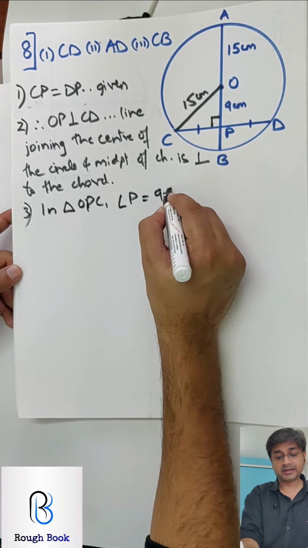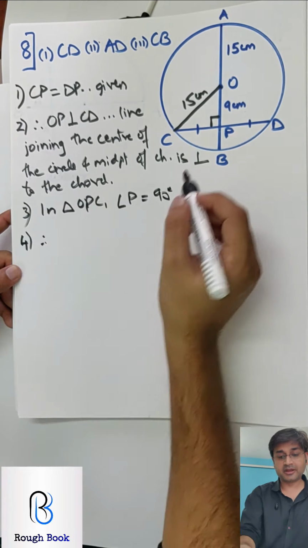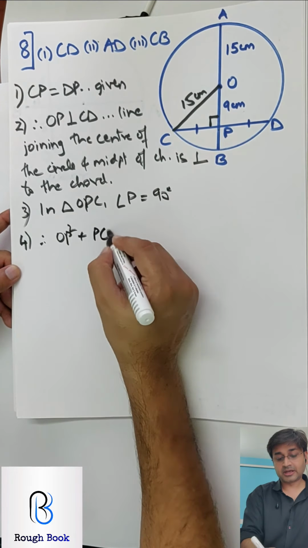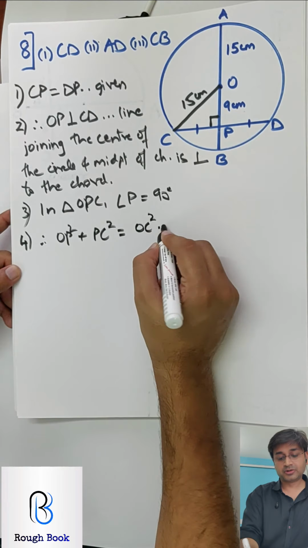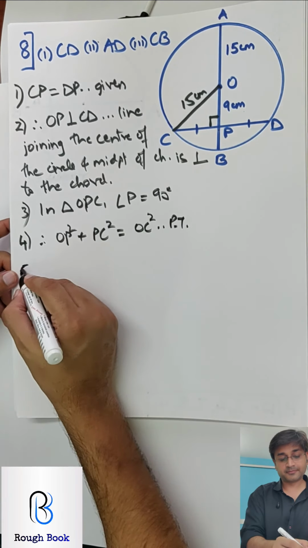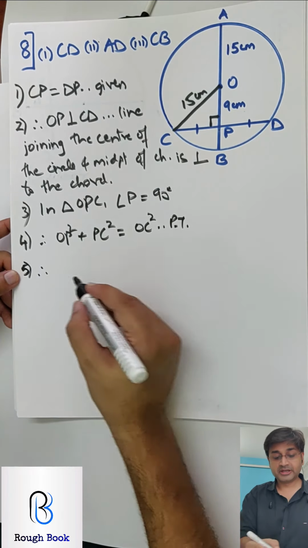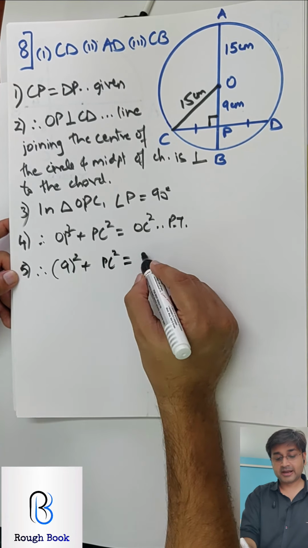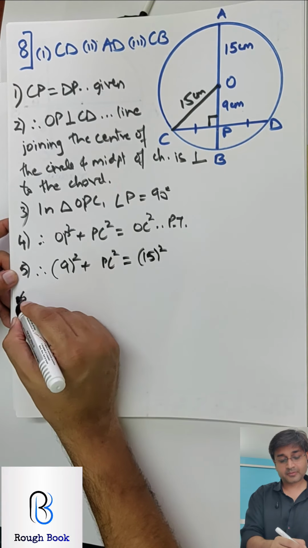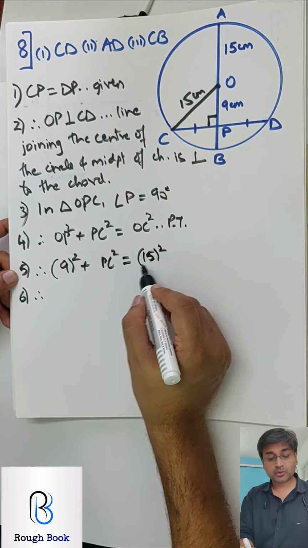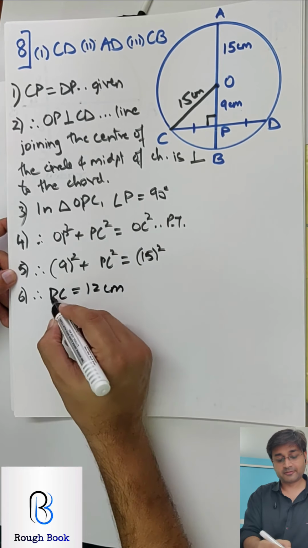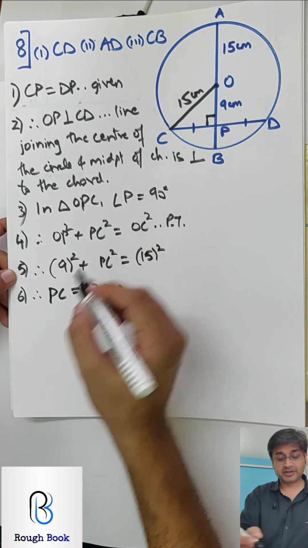Angle P is 90 degrees, and therefore OP squared plus PC squared is equal to OC squared. Pythagoras theorem, and therefore OP is 9, PC is unknown, and OC is 15. So therefore, if this is 225, 81, 144, so PC will be 12. So you managed to get PC as 12.